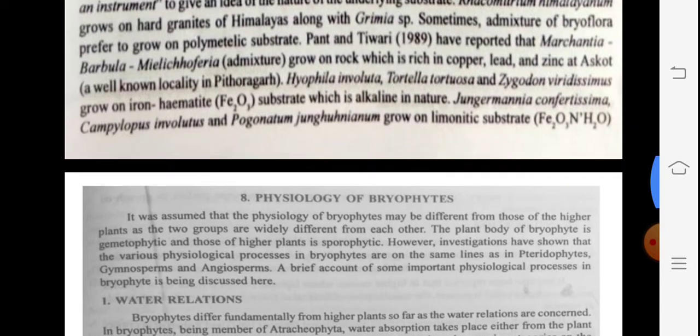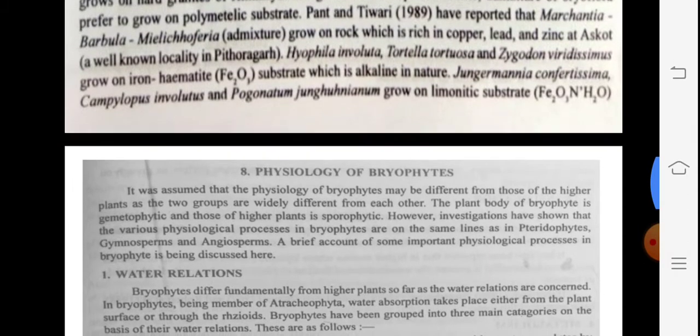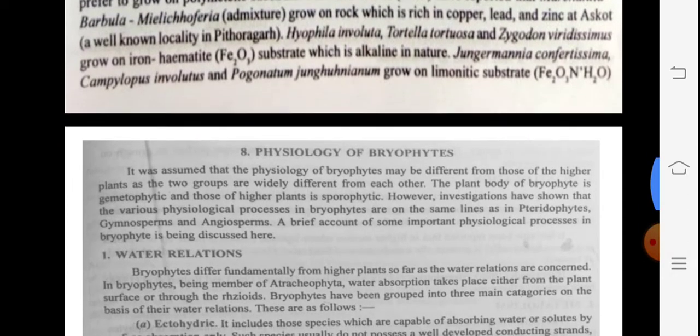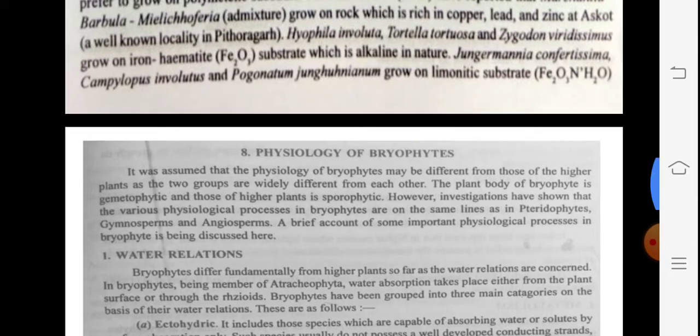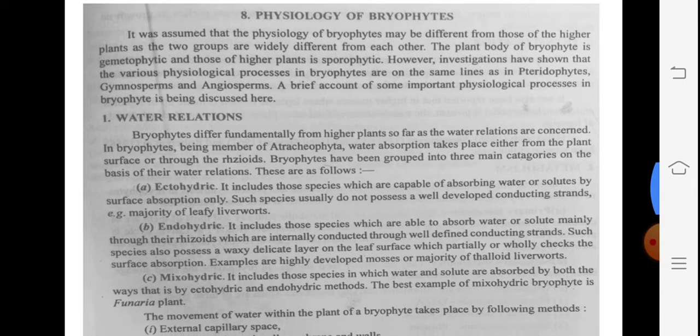Then Hyophila involuta, Tortula and Zygodon also grow on iron hematite Fe2O3 substrate, which is alkaline in nature. Whereas Jungermannia, Campylopus moss and Pogonatum are reported on limonitic substrate, that is iron, oxygen, nitrogen. So these are good examples.